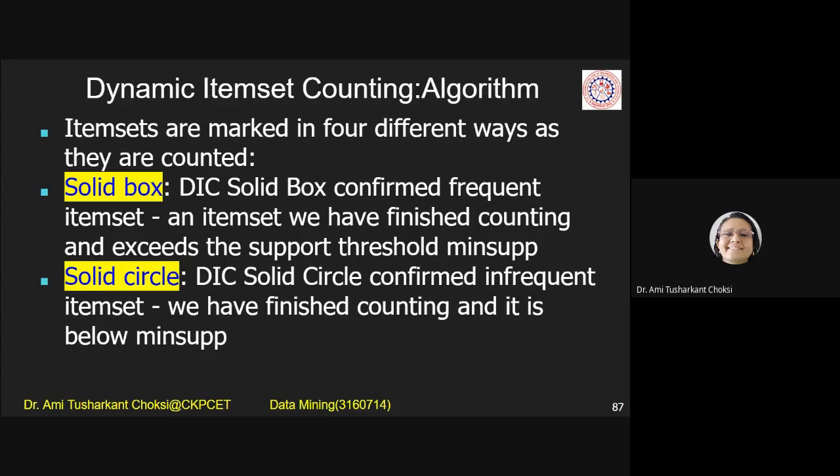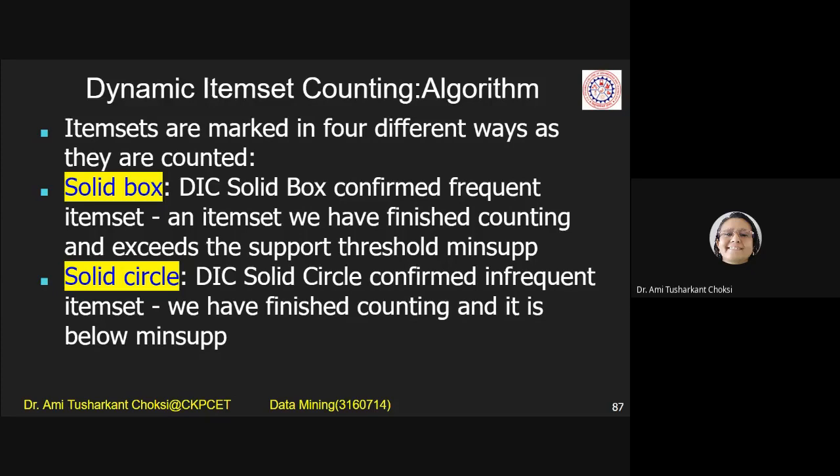Whenever we say solid box, that means it is confirmed that the frequent item set is there. When solid box is there, it confirms frequent.